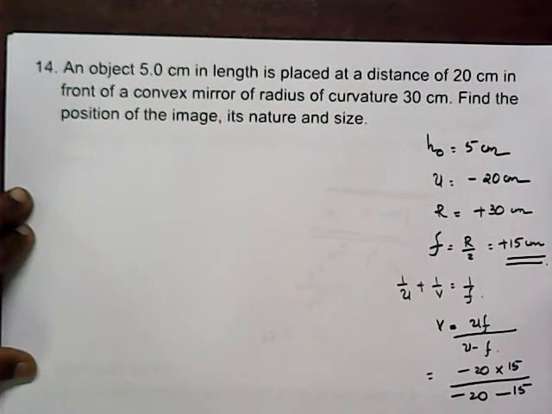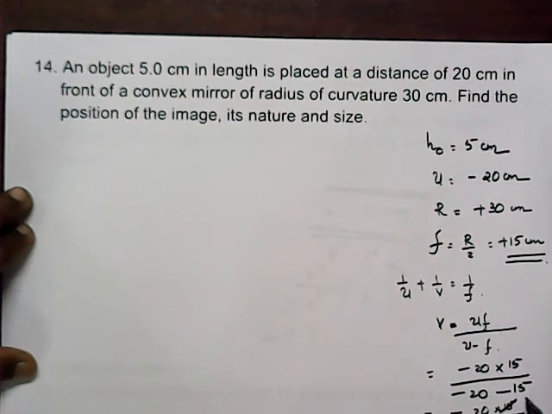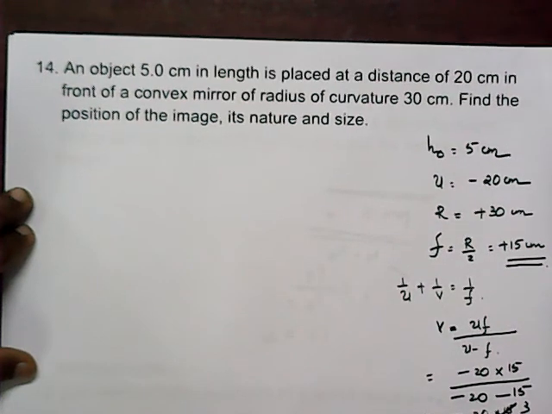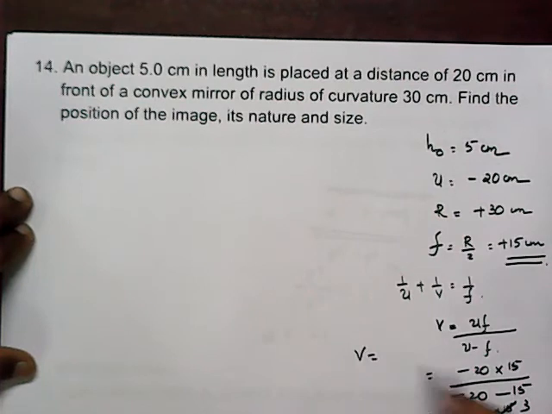So that is equal to minus 20 into 15 by minus 35. So here 3, here 7. So you get v is equal to plus 60 by 7 centimeter.